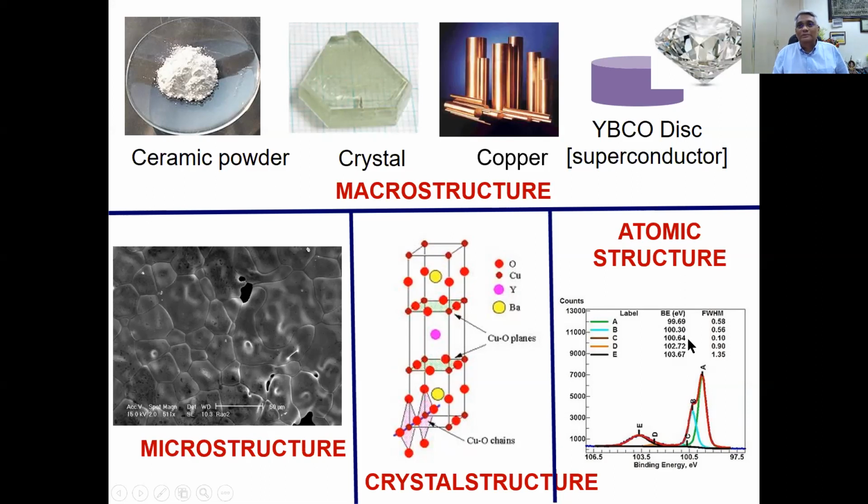And atomic structure is very essential to look at the interatomic correlation effects. Then comes all the other physical properties. If this lattice gives rise to a metallic or a superconducting property, you have to do electrical resistivity and magnetic property measurements as a function of temperature.